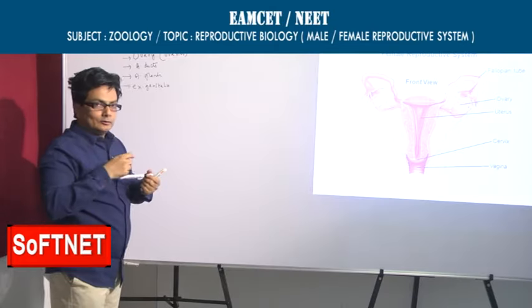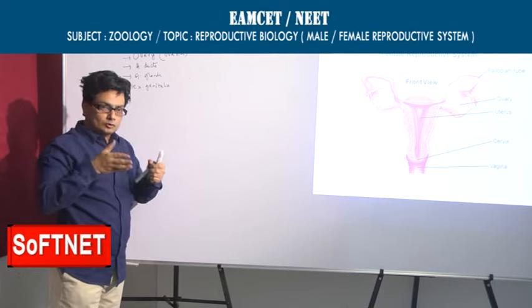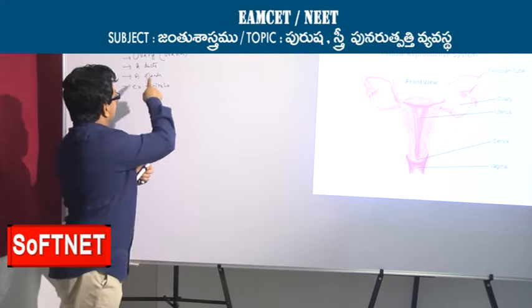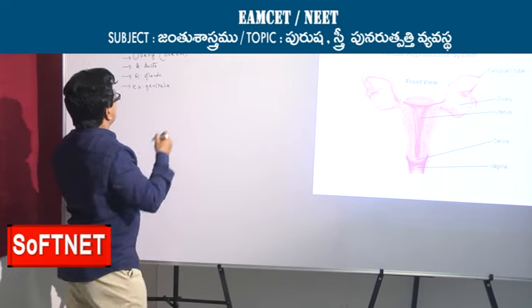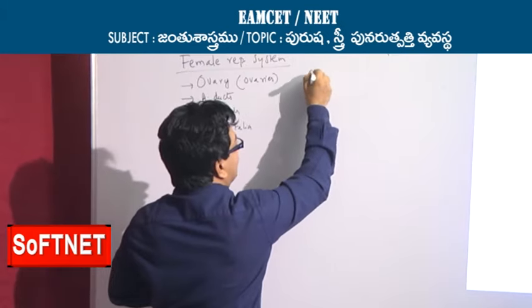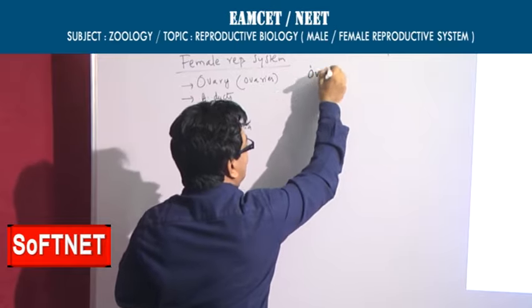See, the line of thinking between the male and the female is almost parallel, as you are seeing in the categorization of the learning process. Here, we study the ovary, a single ovary.